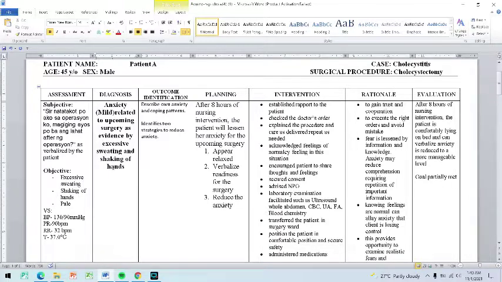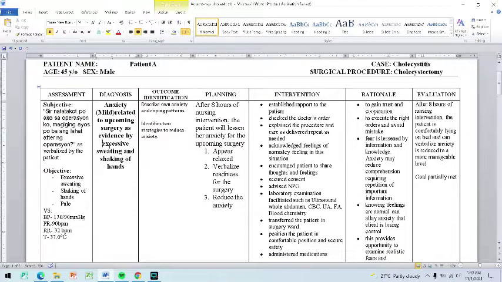Although there's shaking of hands, if we limit or if we correct the patient to appear relaxed, to verbalize the feeling of readiness for surgery, all these things will be addressed and reduce anxiety.